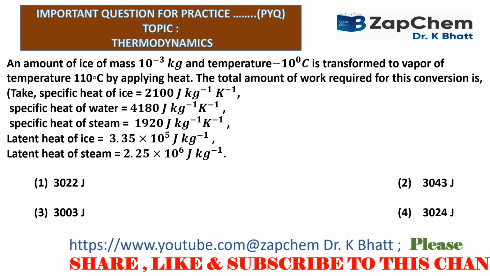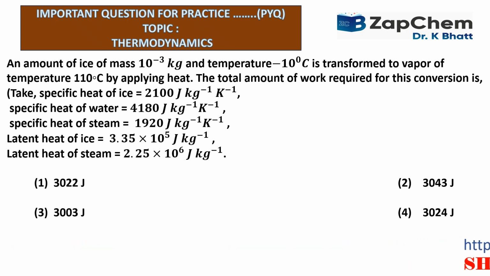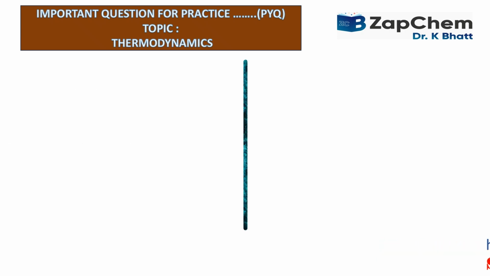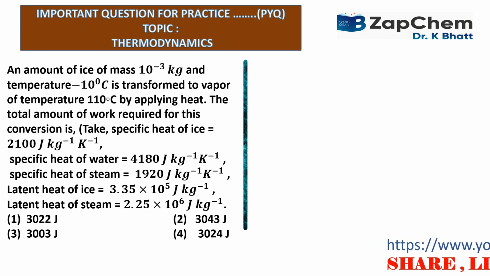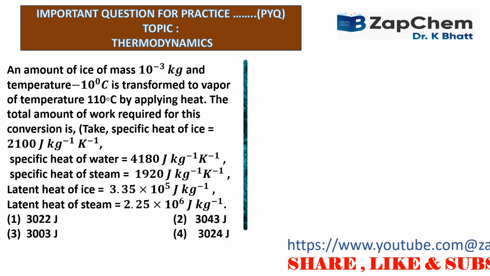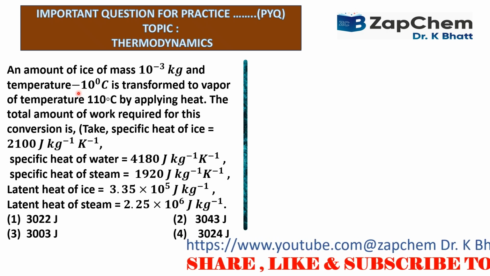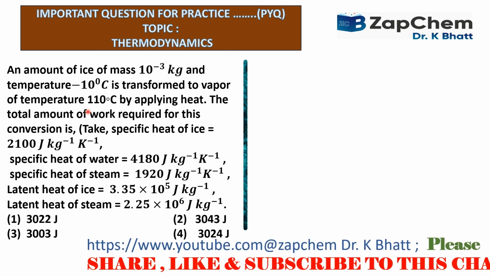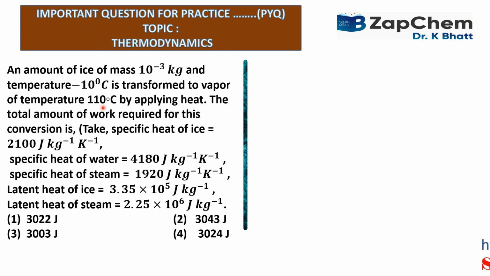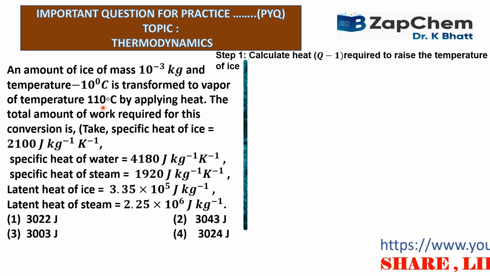Now, let us pay attention to what type of conversions would be occurring when the ice is transformed from minus 10 degrees Celsius to a vapor of 110 degrees Celsius.